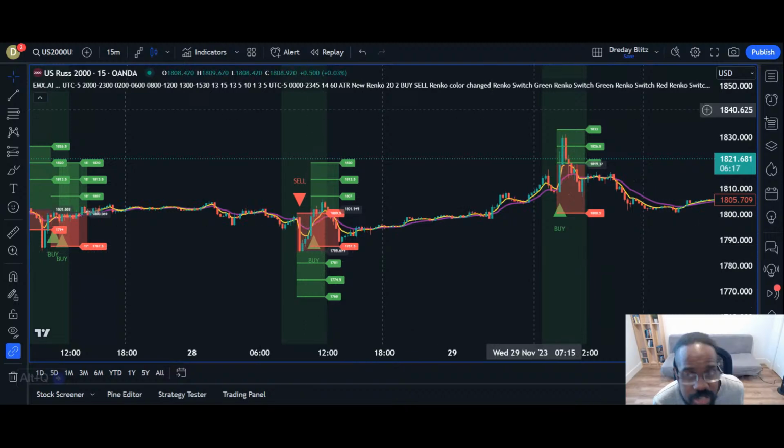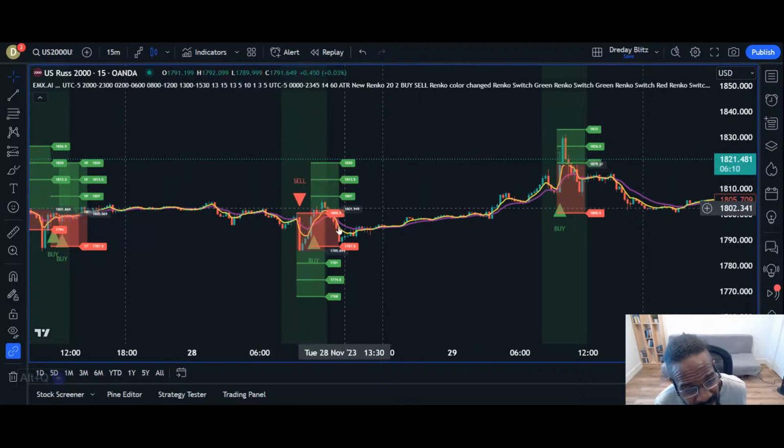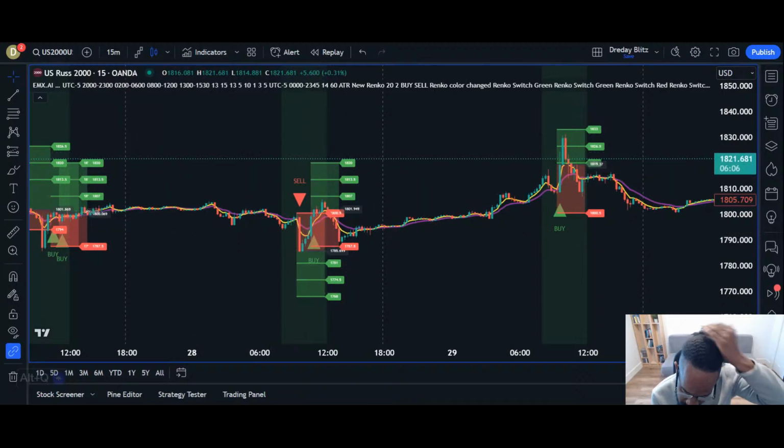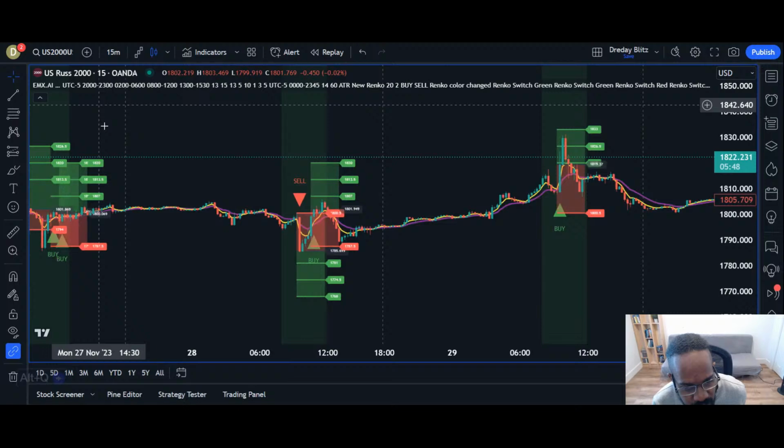When it switches, it's better to take a trade in that direction, but a small lot size trade, just to take the directional bias of the switch, and then you just wait for buy entries, and you just scalp your trades that way.